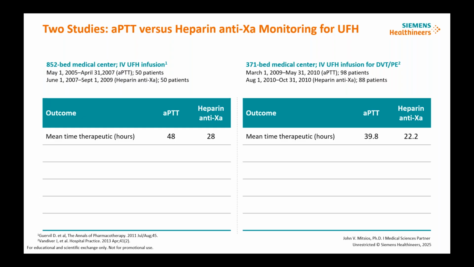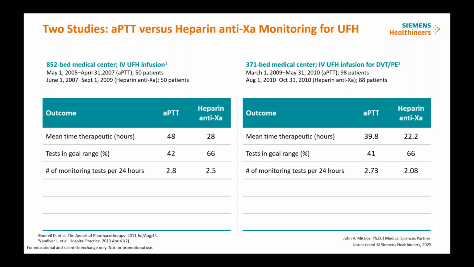They looked at the mean time to therapeutic range, and when using the anti-10A value, there was a significant improvement. That is, the patients got within that therapeutic window much faster. The tests were within that goal faster when using the anti-10A assay. The number of monitoring tests per 24 hours decreased for both. Infusion rate changes per 24 hours again decreased.